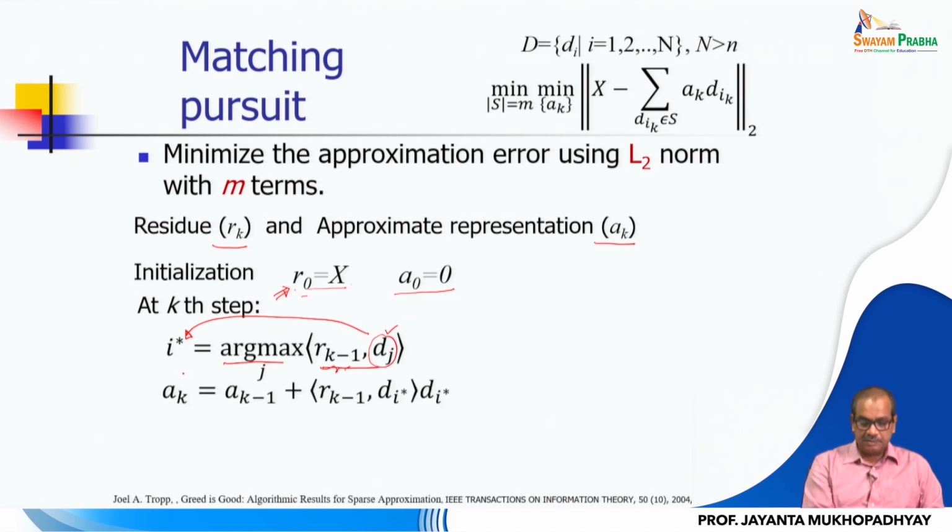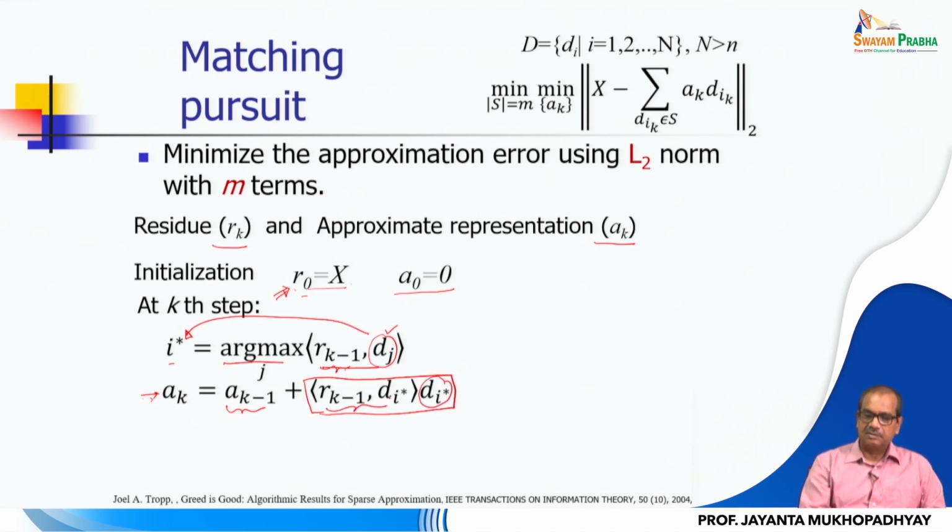Now, your approximation will be accumulated in this form: you add this vector to the approximate vector, so that would be the best approximation of x at that step. What is that vector? This is di star, the index which has been selected, which gives the maximum.